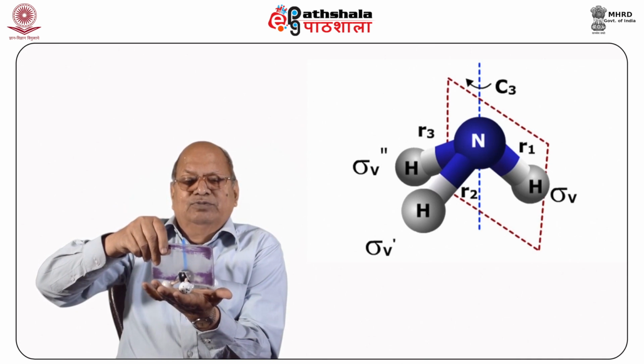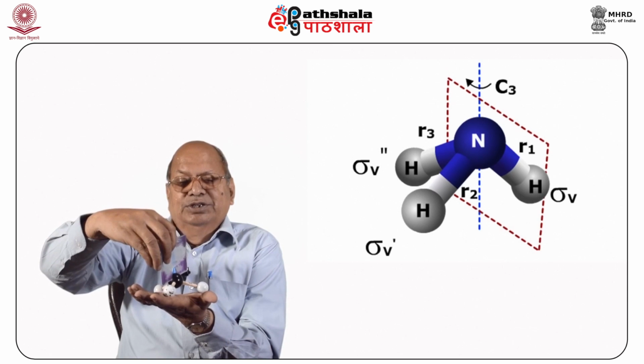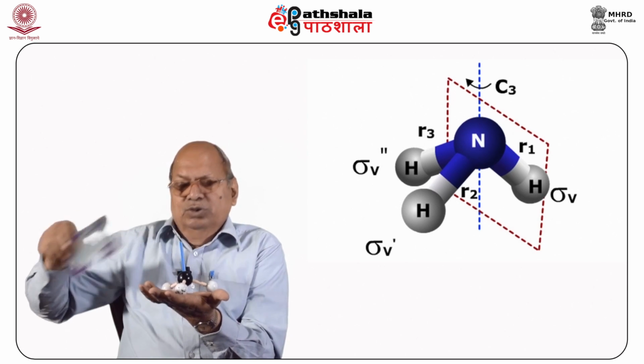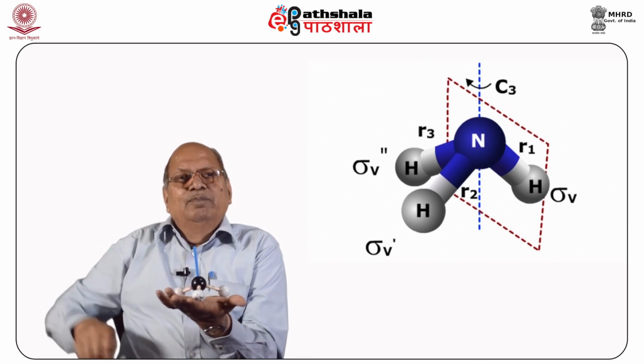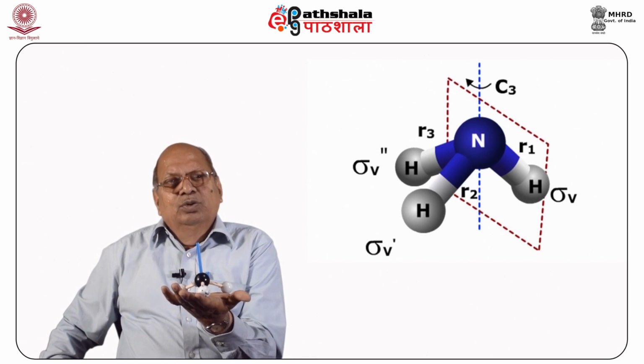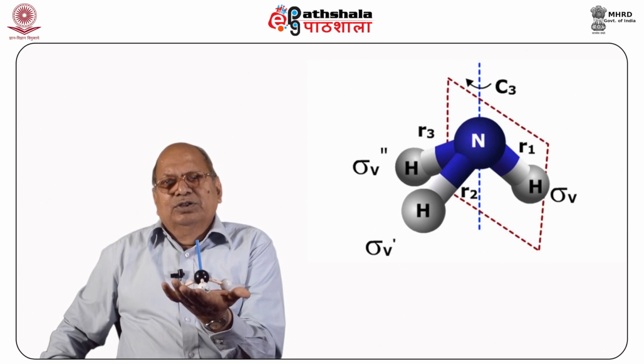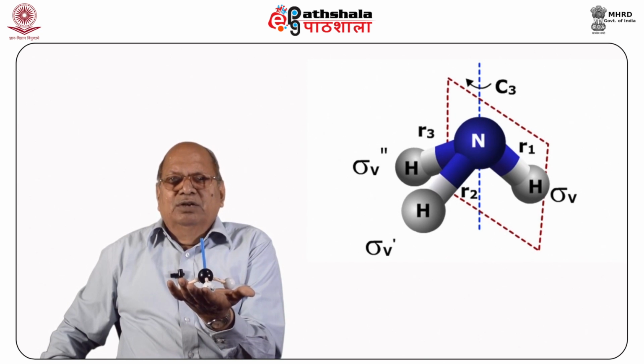There are three like this, one along this, another like this and third like this. So, I am having in this molecule C3^1, C3^2, E, sigma v' and sigma v'', and I will just now go for the effect of symmetry operations on these vectors R1, R2 and R3.